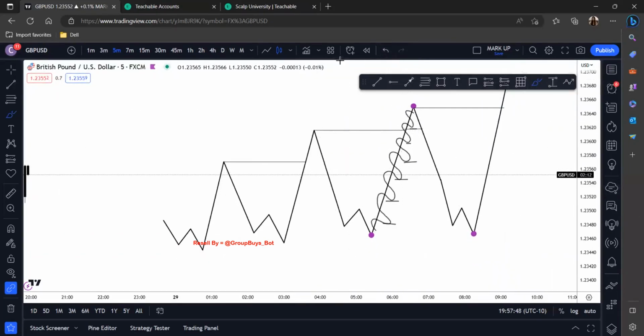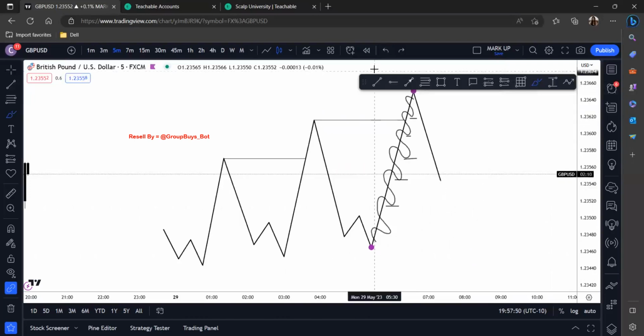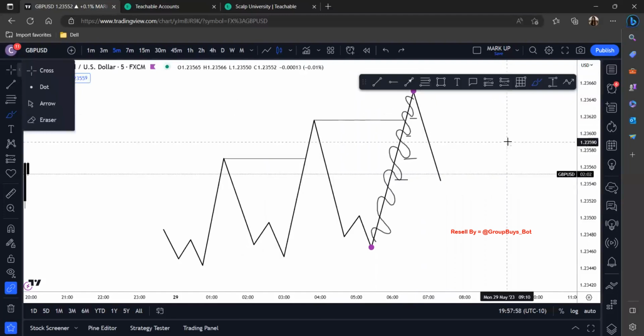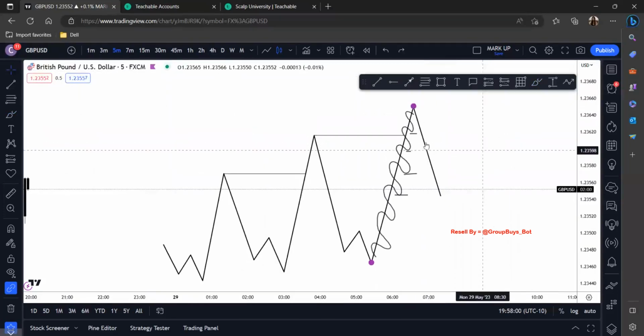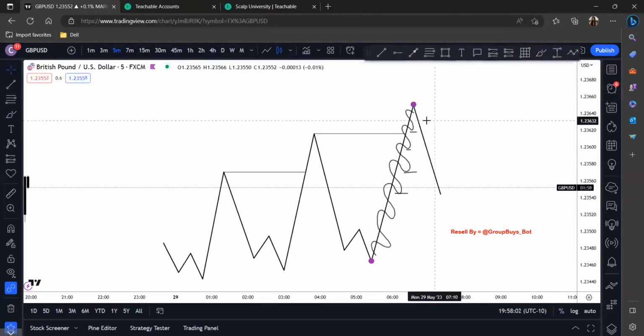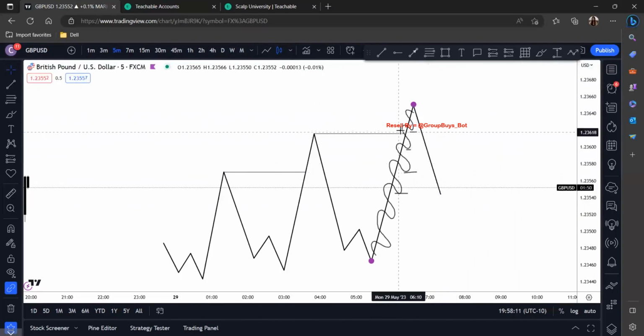Now that's internal liquidity. Now, there is also external liquidity. External liquidity is the liquidity that is sitting outside of the trading range. Okay, so as this is coming down, as we broke this swing low to the left, price came down within our new trading range here.